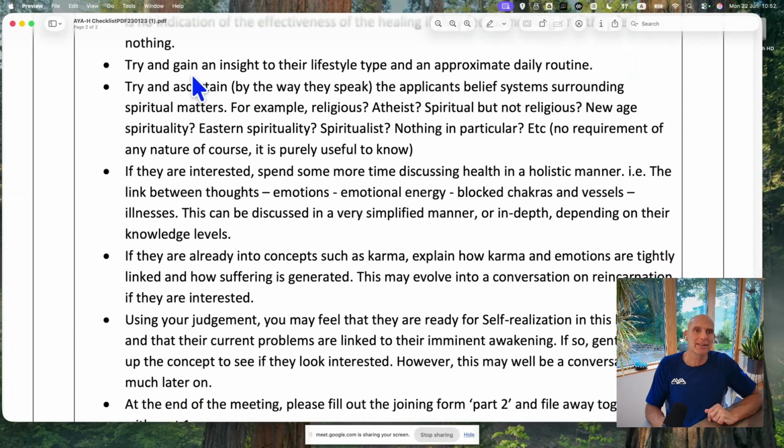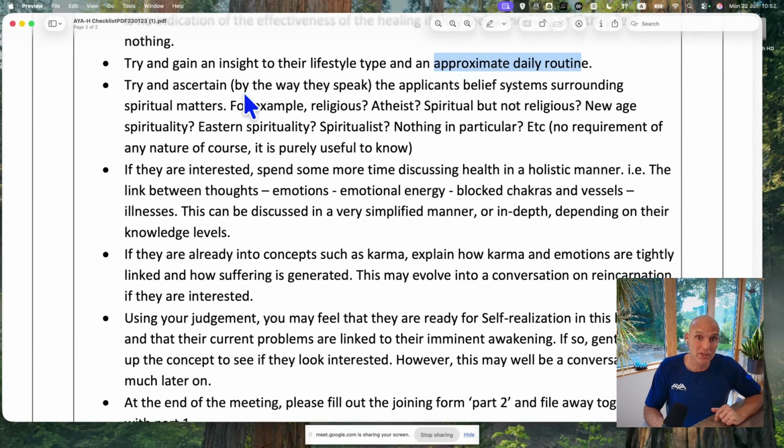Right, you try and gain an insight into their lifestyle if you can, approximately daily routine. You don't need to ask them this, you just have to try and infer by other questions that you're asking them. It's also good to see if they have a belief system surrounding spiritual matters. For example, are they religious?